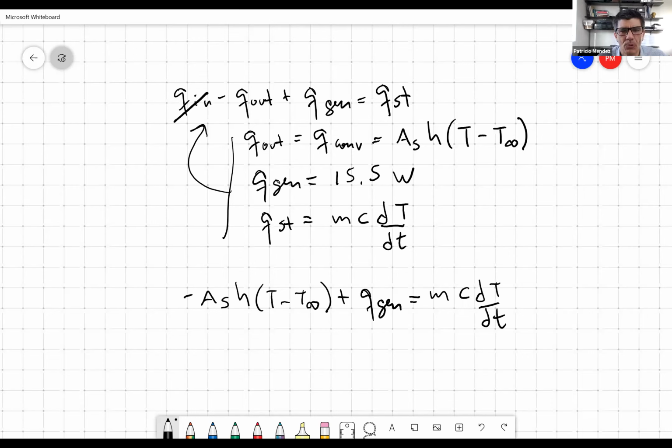Isn't it interesting how we build from something so simple like these very simple energy balances and very simple heat transfer mechanisms? We ended up with a differential equation.